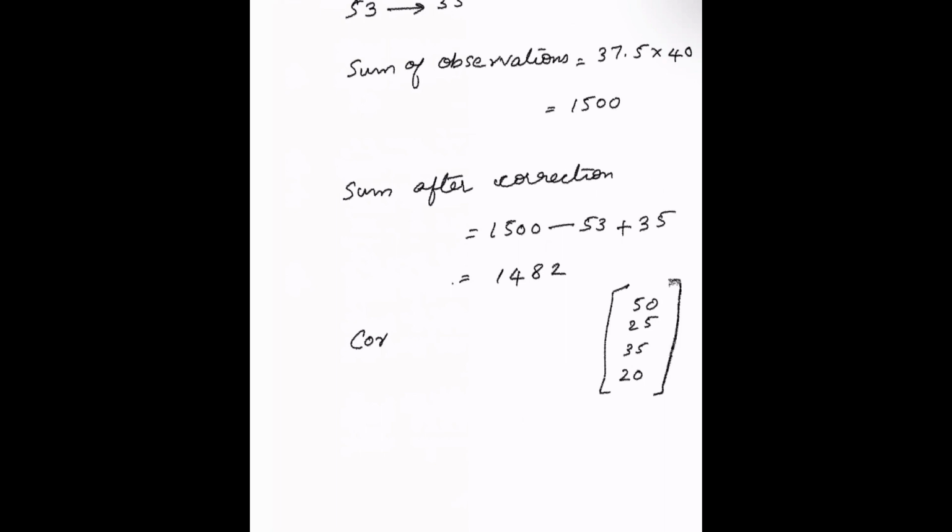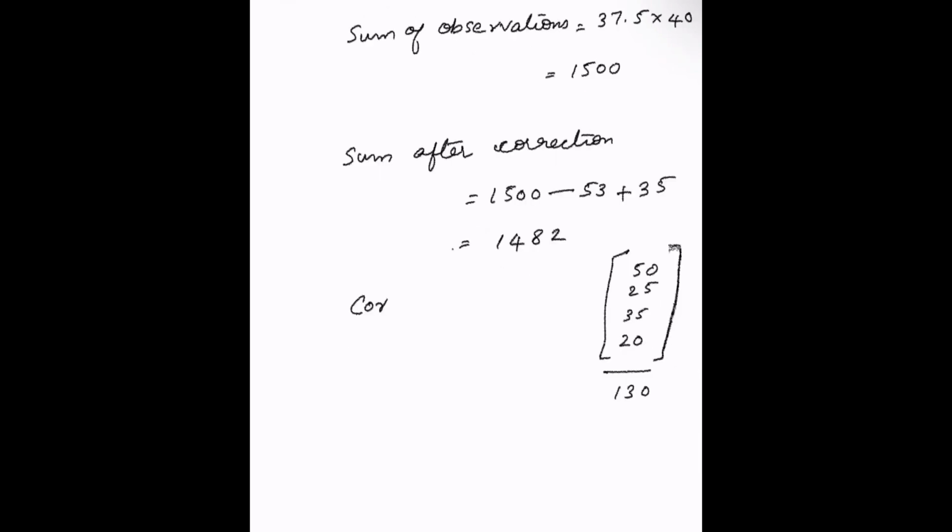Just add these and give me the sum. 130, right? So now when I do 130 divided by 4, I'm getting 3, and then in 10, I get 2.5. Is it 32.5? Just check once again.